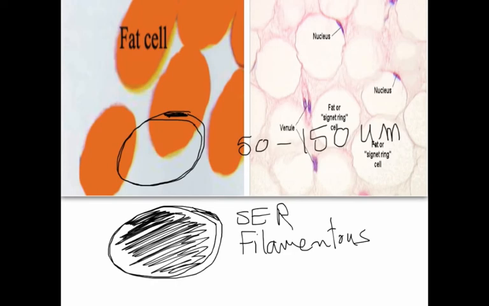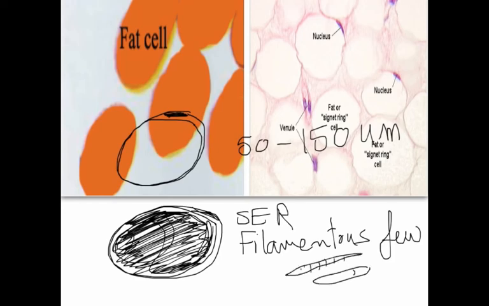This is the EM picture. Lipid droplet 1, dark black or electron dense, and the cytoplasm contains just the smooth endoplasmic reticulum and poorly developed rough endoplasmic reticulum, as well as few filamentous mitochondria.